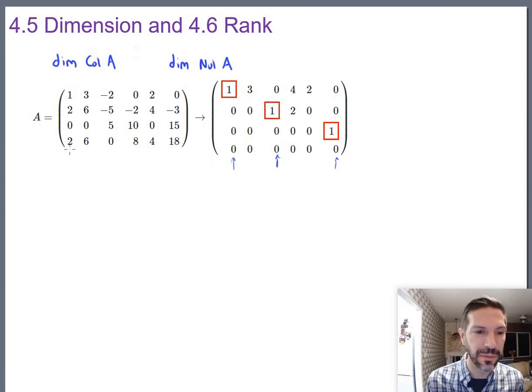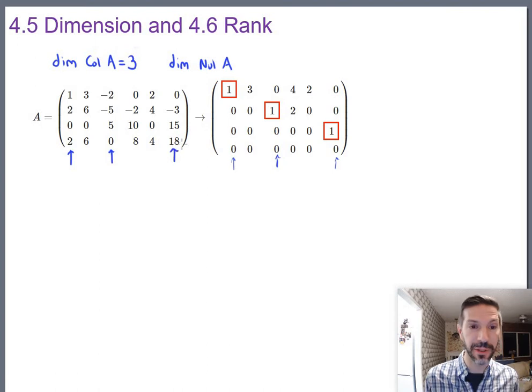So the dimension of the column space would be 3, because we know the basis for the column space is that one, and that one. But we don't even need that if the question is just dimension. We just need to know how many vectors are in the basis for the column space. So there are 3. So the dimension of the column space is 3.